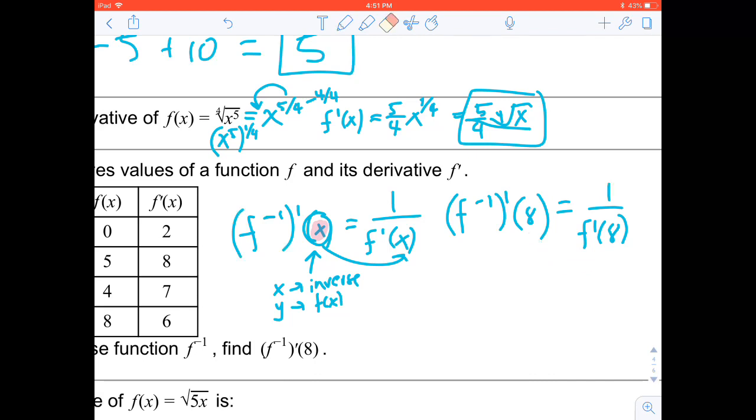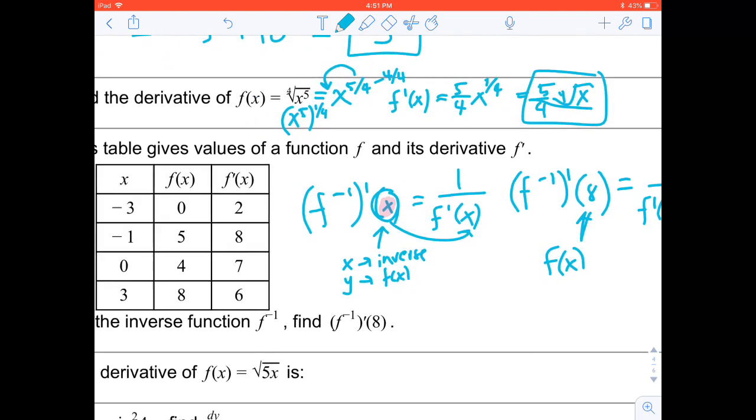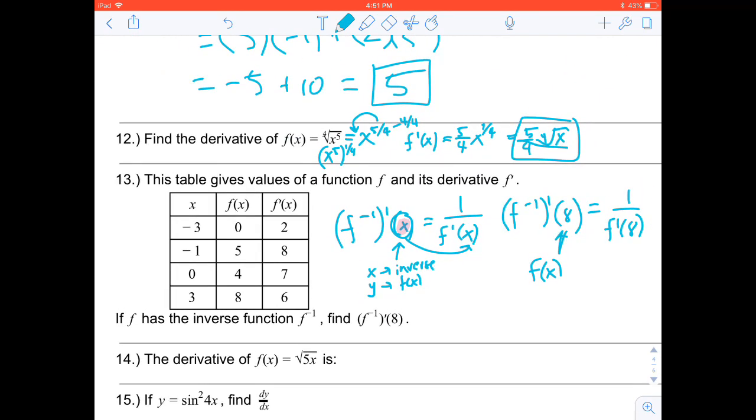The correct relationship would be this 8 here is actually your y value. It's actually f of x. So what I need to do is find the x value that goes along with that. So over here, f of x equal to 8 has an x value of 3.